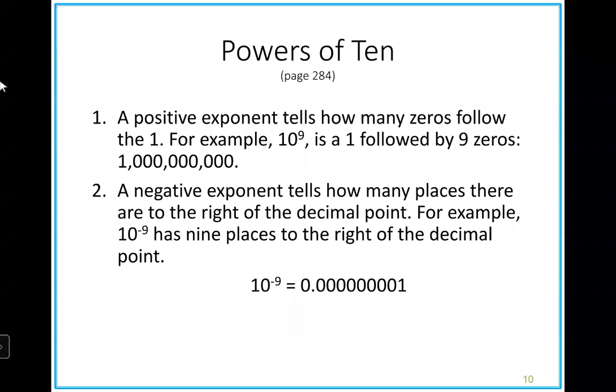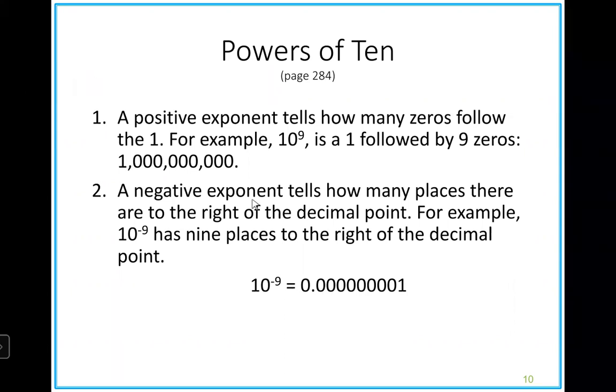It's useful to know that we can use a shortcut for how to determine how many zeros to put after the 1 when we have a certain power of 10. It says a positive exponent tells how many zeros follow the 1. A negative exponent tells how many places there are to the right of the decimal point.